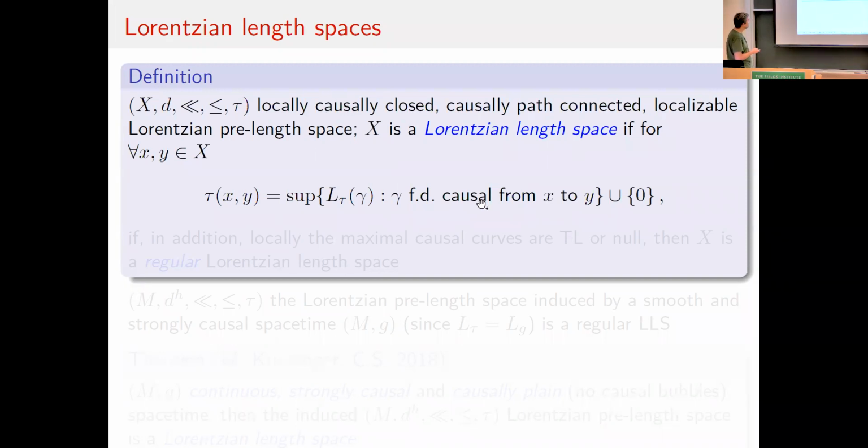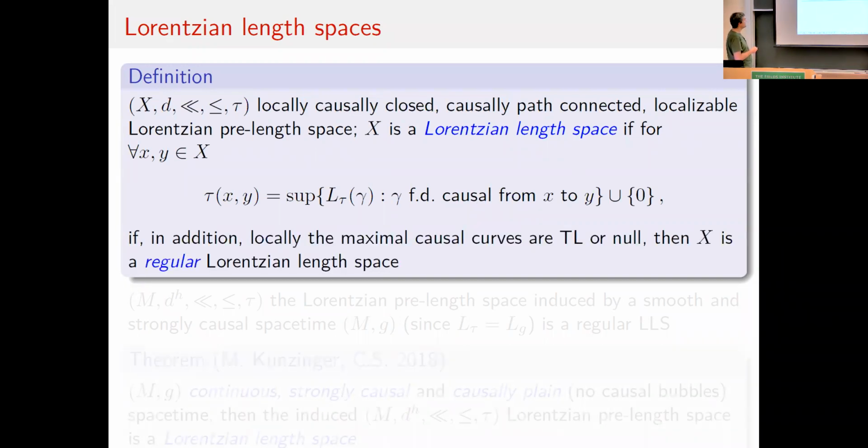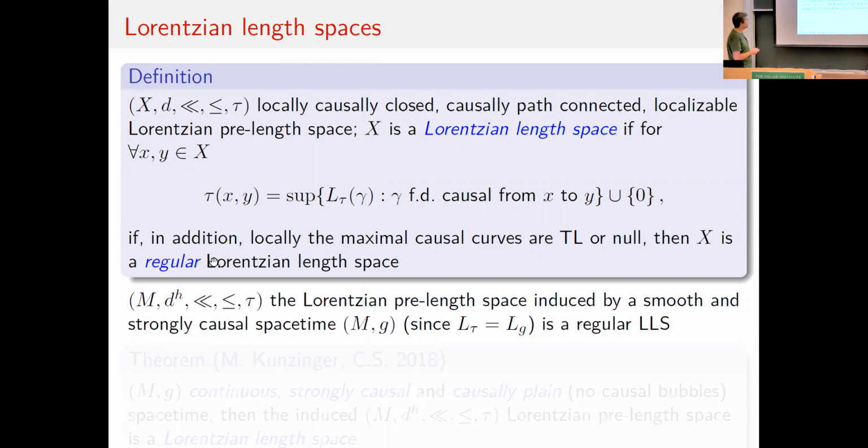Then you can also say what it means to be regular. So if locally maximal causal curves have a causal character, so they're either null or time-like, then it's called a regular Lorentzian length space. And again, a first example is a smooth spacetime, smooth and strongly causal spacetime. Then you can actually show that this tau length is actually the g length.